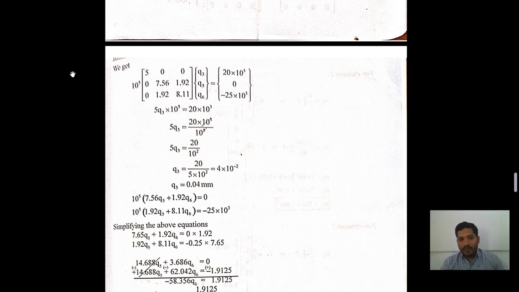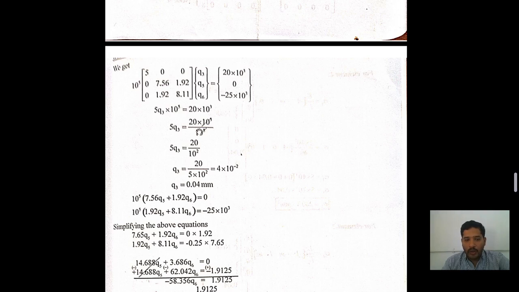Again I will repeat here: 10 power of 5, 0 into Q3 becomes 0, plus 7.56 into Q5 plus 1.92 into Q6. Right side is 0.